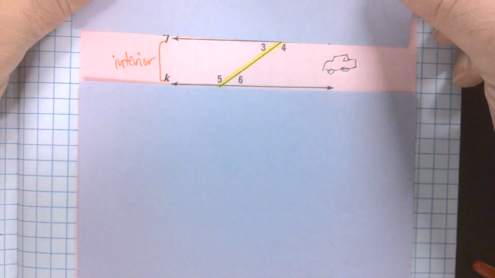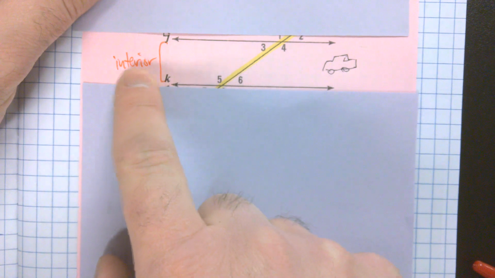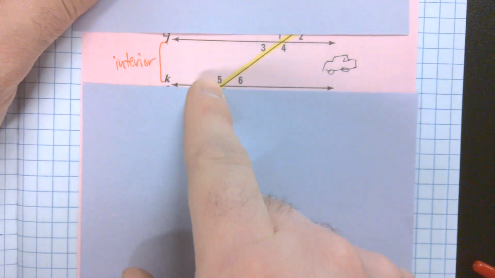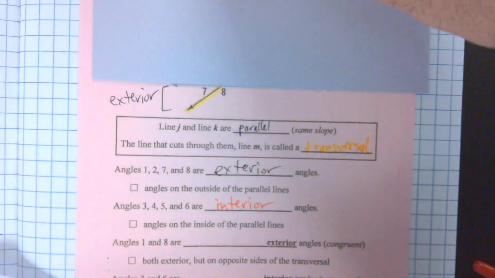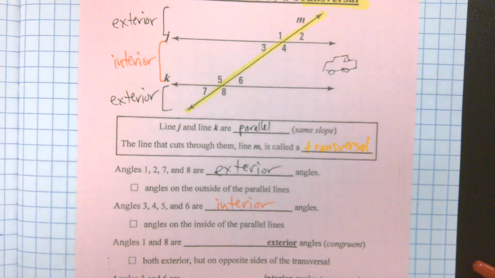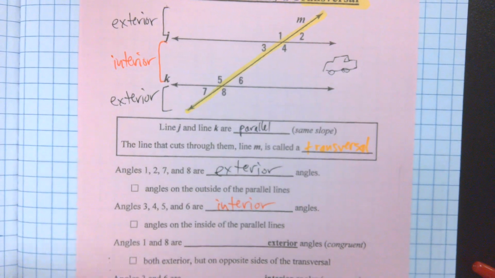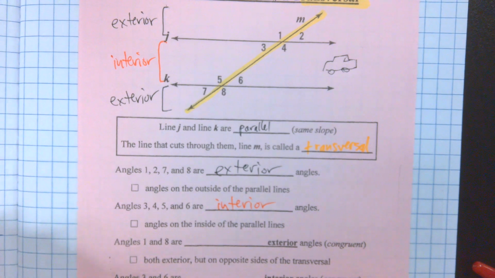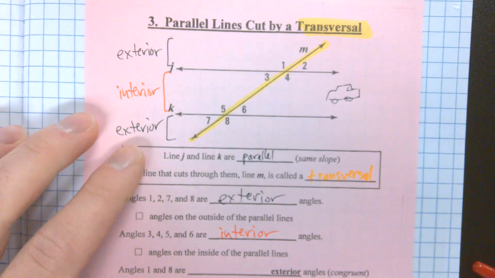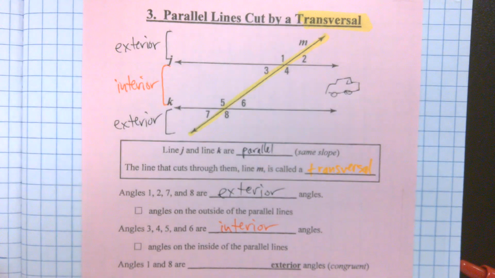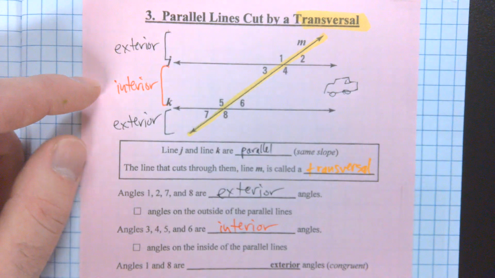So when we're talking about interior versus exterior in a second, just know that we mean inside or in between the two parallel lines, and then outside on the exterior of those two parallel lines. Does that work? Okay. That's what we have to understand first. We've got the exterior, we've got the interior.